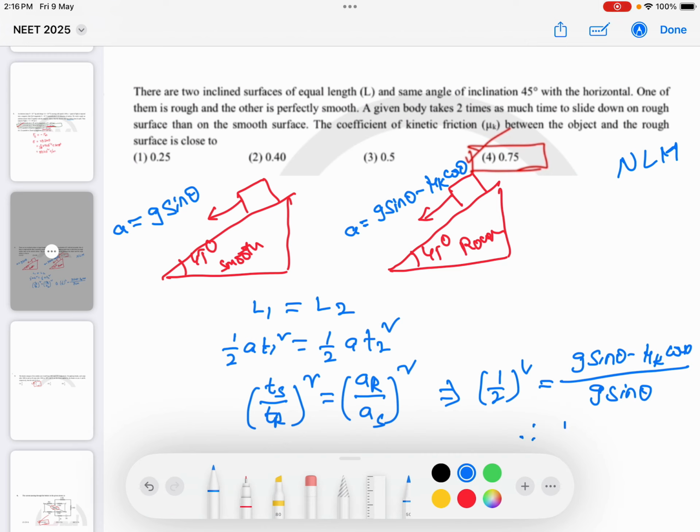So ultimately you get the answer, mu k value is equal to 1 minus (1 by 2) whole square, nothing but 3 by 4. 3 by 4 is nothing but 0.75. Option 4 is there. Option 4 exists.